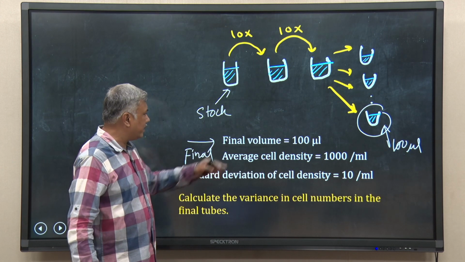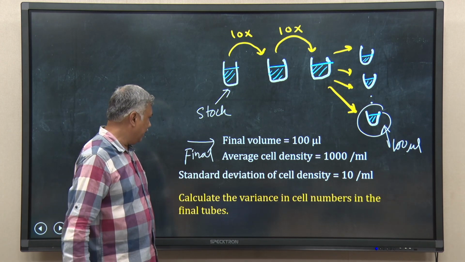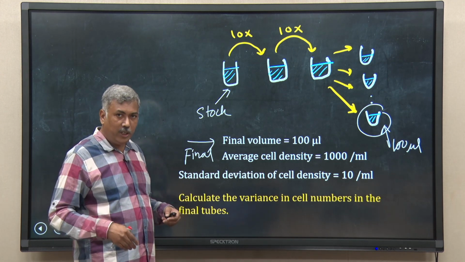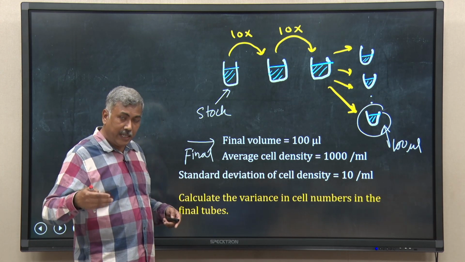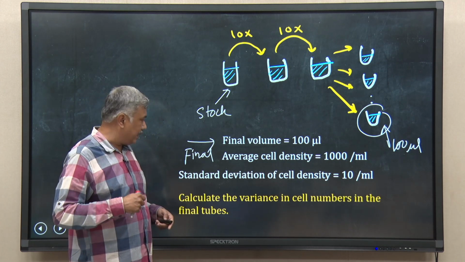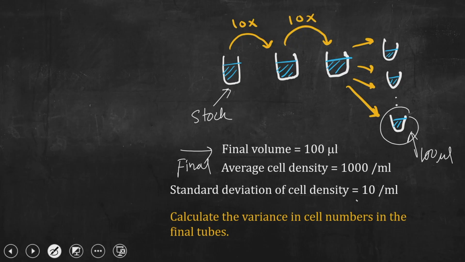is 1000 cells per ml, and we have also measured the standard deviation. We have multiple, 19, tubes. So, we have checked what is the cell density in each of them. From there we have calculated the average or the mean cell density, and also calculated the standard deviation. I have given you the standard deviation, that is 10 cells per ml.